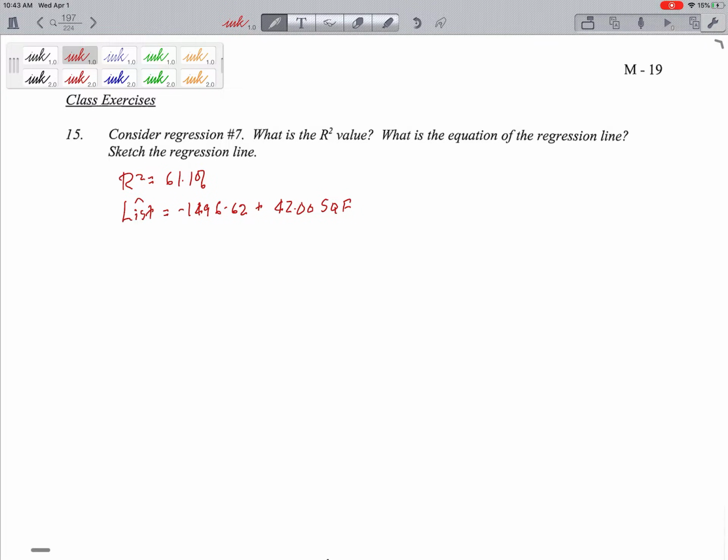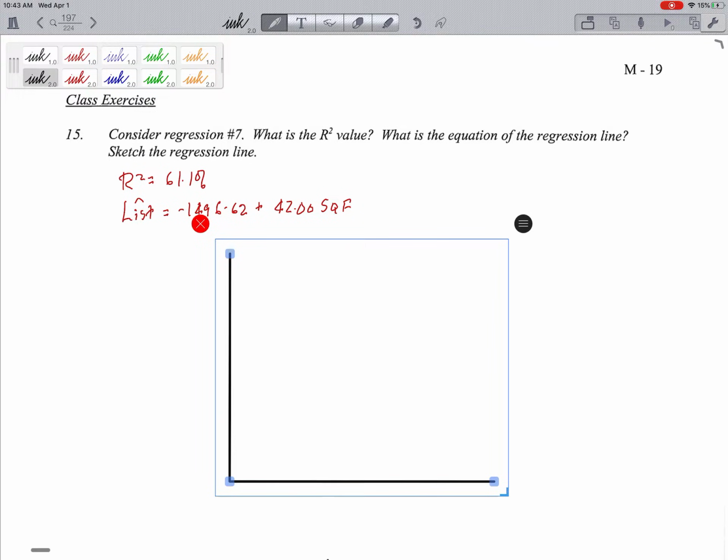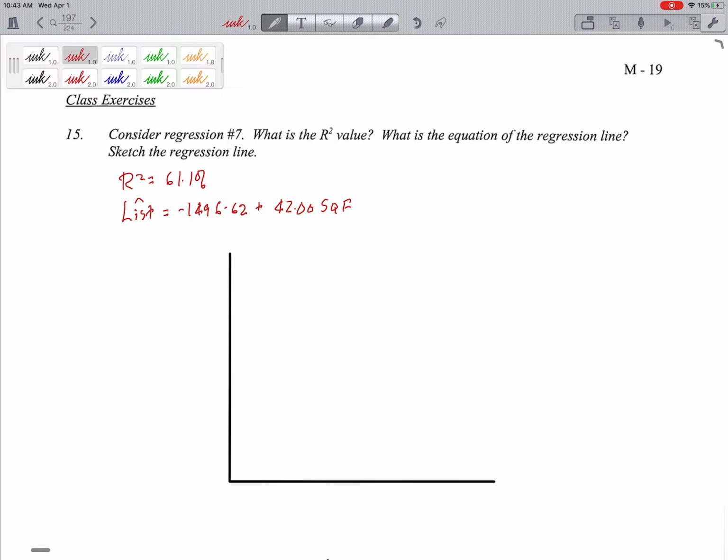All right, let's do a quick sketch here on this. And so we're going to have something that looks like this. Looks pretty good. And then I'm going to have a regression line that actually has a negative intercept and a positive slope. So it kind of looks like that. So let me just label a couple of things here.